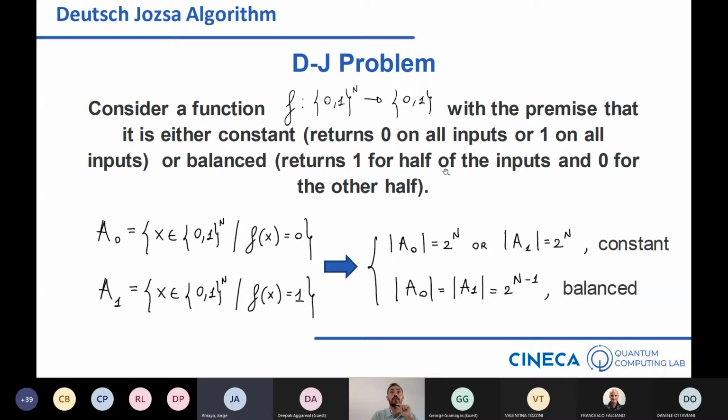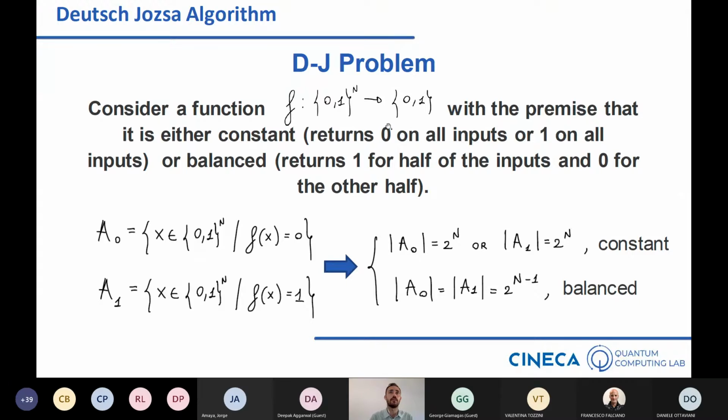Okay, it's constant. The function is constant when, whatever input you give, it returns always the same answer. Of course, you have two possibilities. You can say it's a constant if on all inputs the function returns 0.